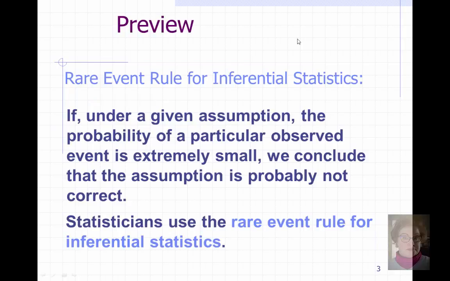So what happens, and what we've been looking at, rare events. Rare or unusual events tell us that the statement that we have assumed is true, or someone has assumed is true, is probably not true because it wouldn't happen simply by accident.